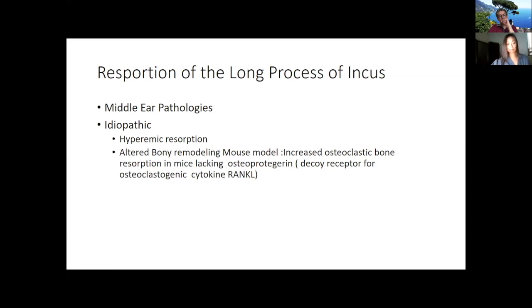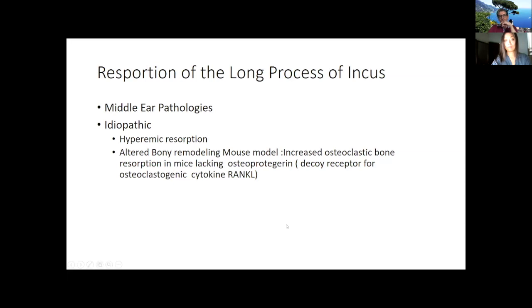So this is a hypervascularized area of the incus, and for whatever reason, there tends to be hyperemic resorption of this region, and it's not completely well understood why. And then there are also some theories about altered bony remodeling in this region from some mouse model data.